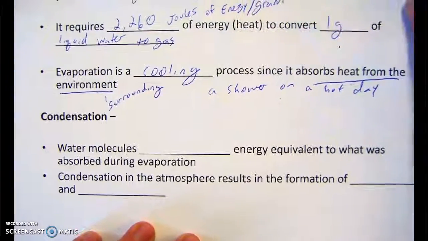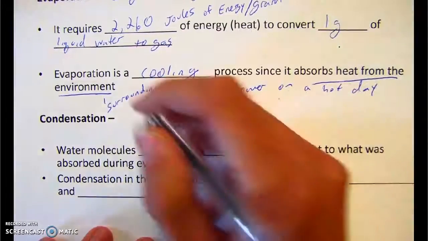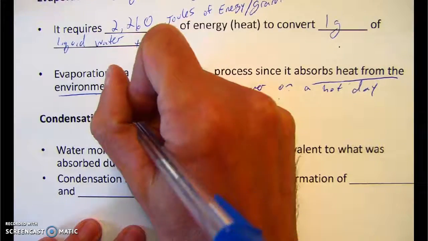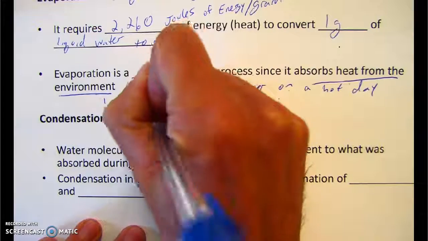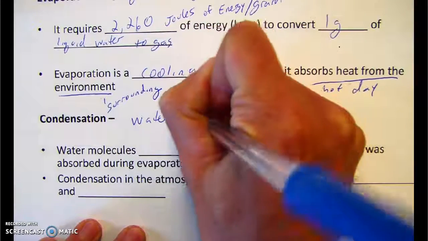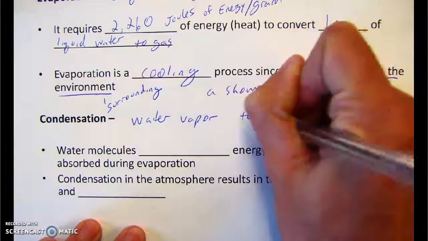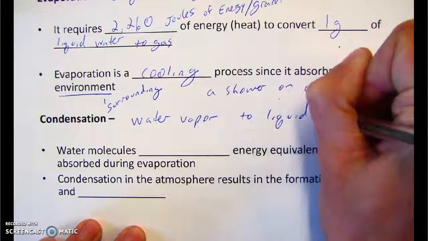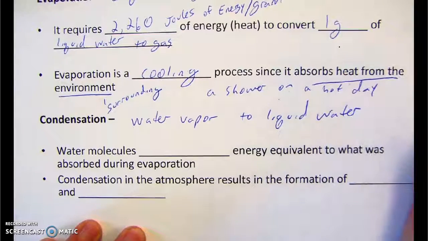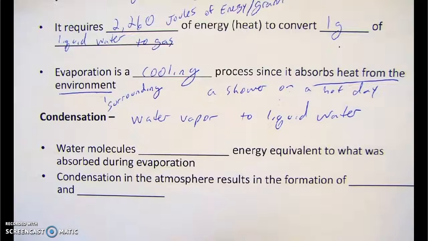If we look at condensation, well, condensation is, of course, the opposite. So now we're going from water vapor to liquid water. We see this in the form of dew in the environment outside. We see this in clouds. Clouds are condensation.